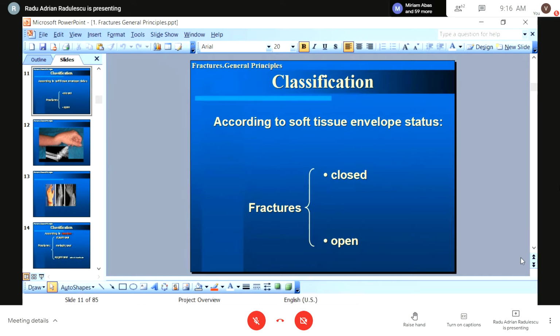But a certain percentage of these fractures may be open, meaning that the fracture site has a communication with the exterior, meaning that the soft tissues and the skin mainly above the fracture are also damaged, so that they allow this communication between the exterior and the fracture site.